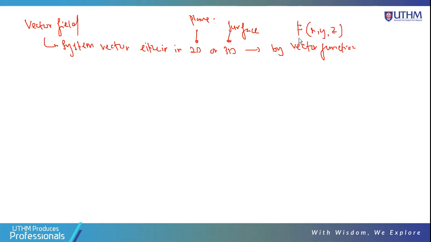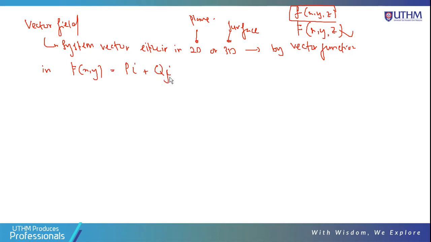A scalar function is different from this one, which is for the vector field. In 2D, for example, F of x, y equals Pi plus Qj.